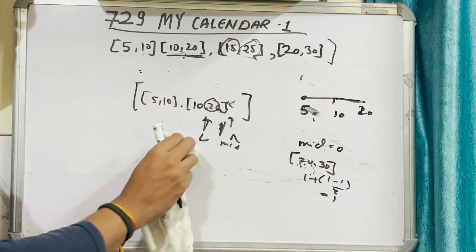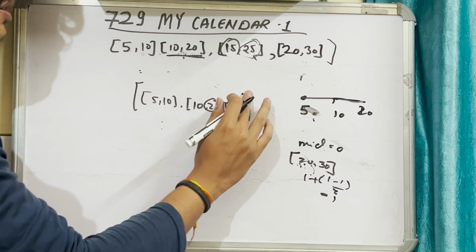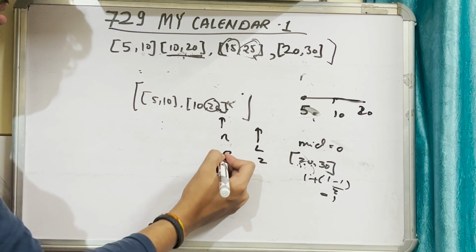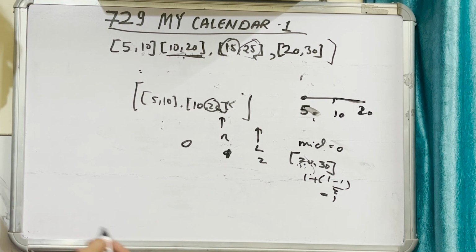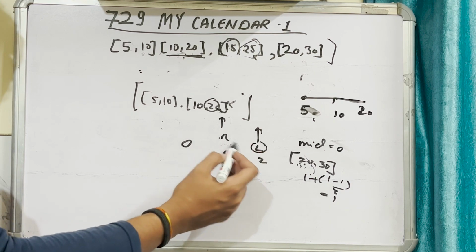So what you do, simply right was here and left will come on the next index, which will be at the second index. This will be the first index, this will be the 0 index. We are trying to insert at the 20, 30 index. Oh sorry, second index. And your while loop, you can say, will end because left pointer crosses the right pointer.